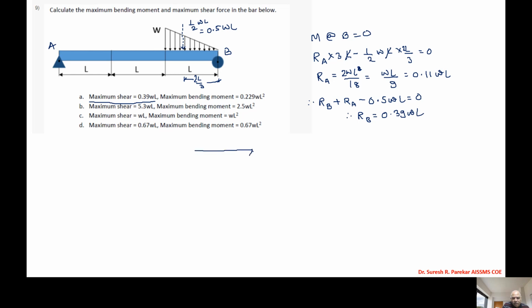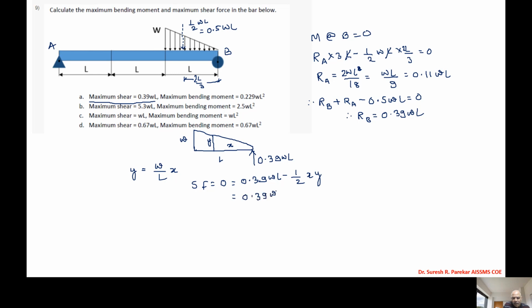Now we will go with the shear force zero point, and then we have this value that is W, this is L. Now we will consider shear force 0 at X, and this will be Y. Then we have Y equal to W by L into X, and shear force 0 is equal to 0.39 WL, this will be the reaction, and then we have minus half X into Y. And then if we put it in, we have 0.39 WL minus half X, and we have W by L into X, and that is equal to 0.